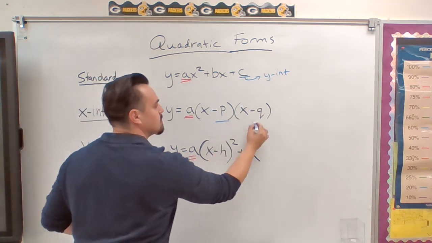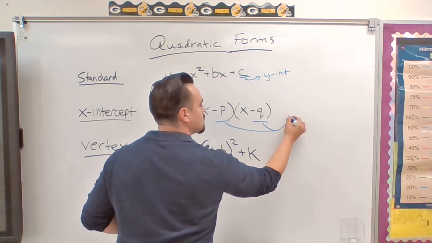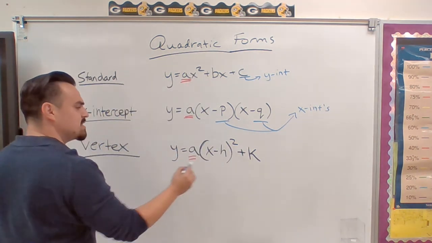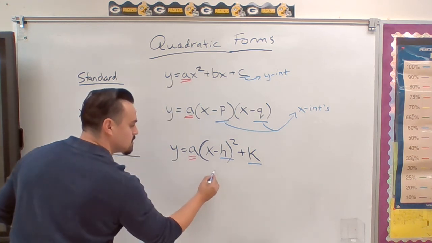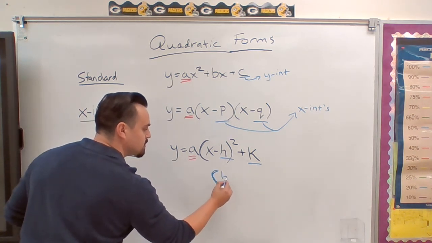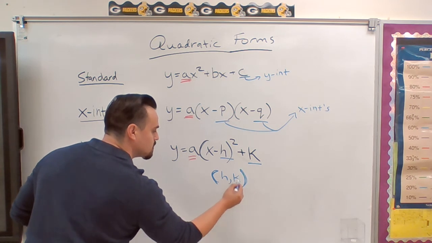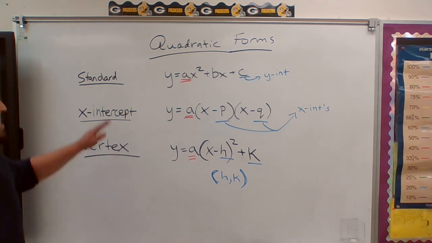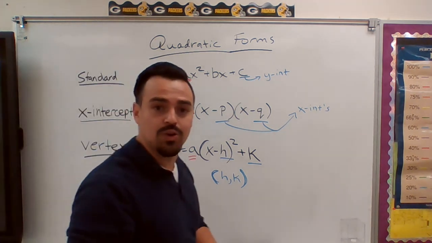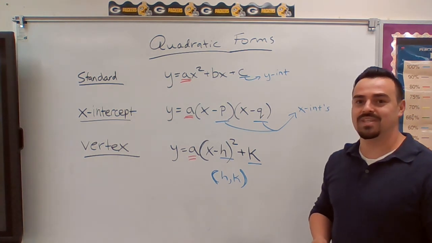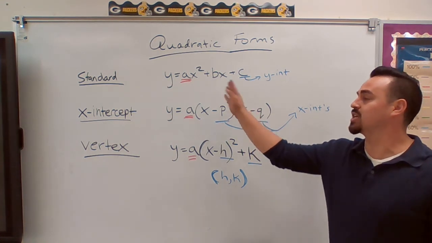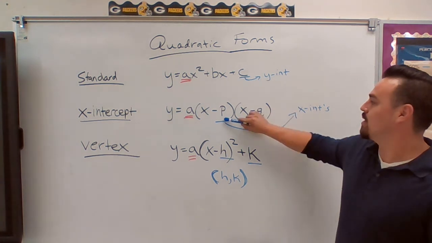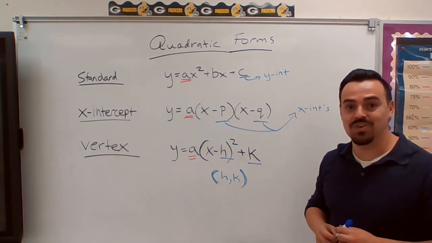In x-intercept form, you'll get the x-intercepts. And in vertex form, you will get the vertex point. So those are your standard, x-intercept, and vertex forms for quadratics, and what information the different constants convey to us about our respective quadratic.